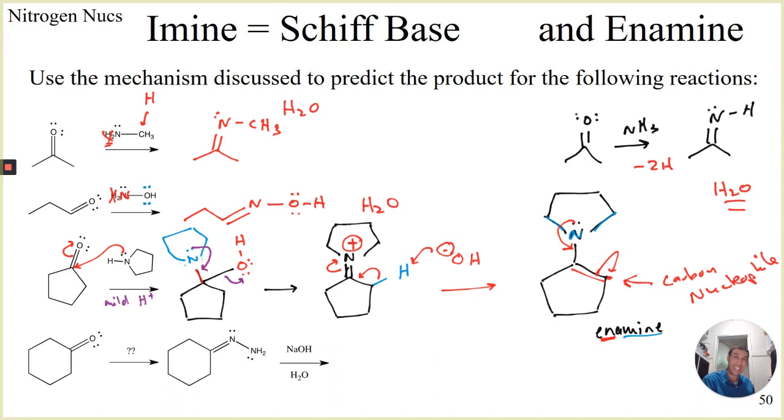But realize that the enamine that we're forming here is symmetric because we have the same substitution out either end of our starting ketone. What happens if it's asymmetric? You should take a swing at it and see what you think happens there. With the ketone, remember we got a balance between kinetic and thermodynamic.